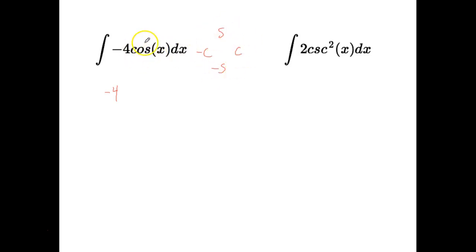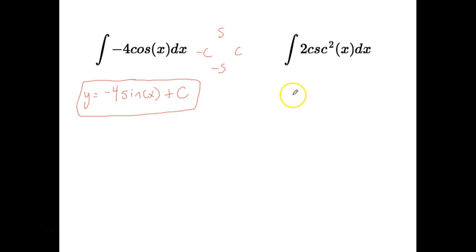I have cosine, and the integral of cosine is sine. And then plus c, because I got rid of the integral sign and the dx, and that is my original equation. That is the integral of that.